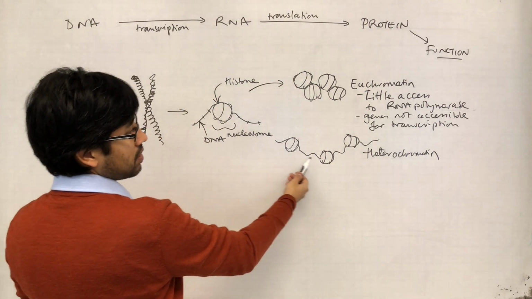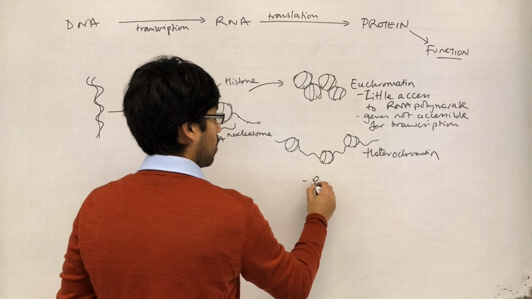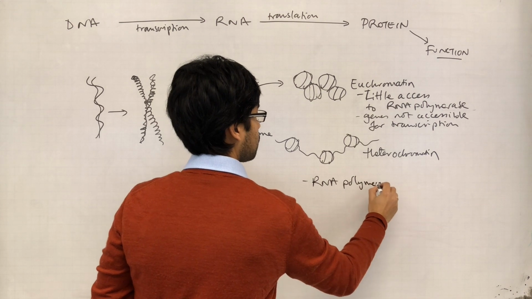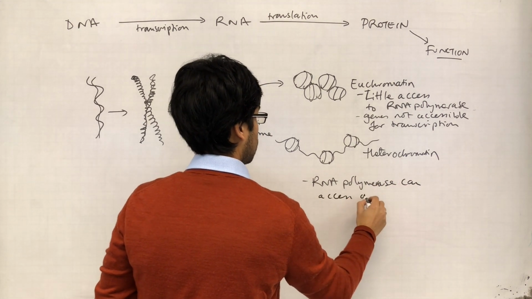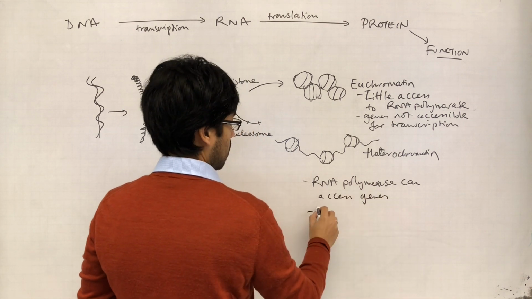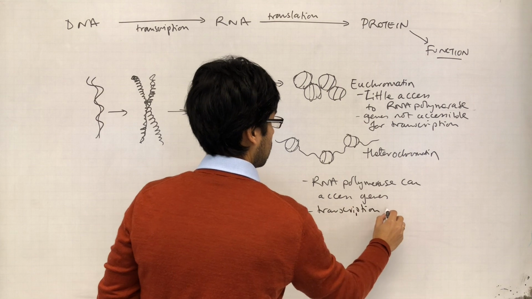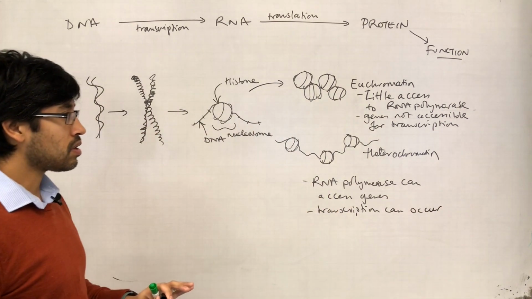However, when DNA is in this form, RNA polymerase can access genes, and transcription can occur.